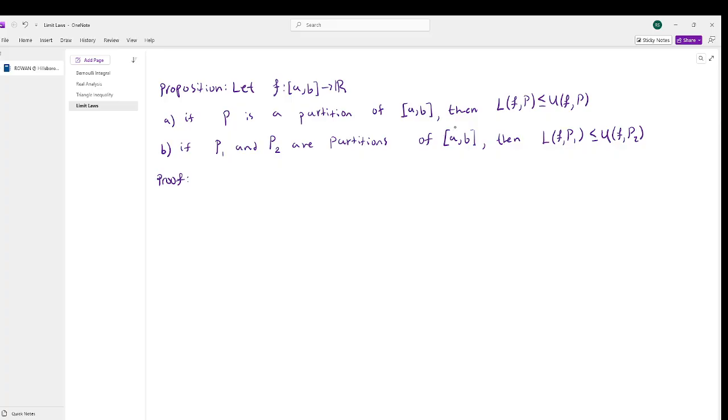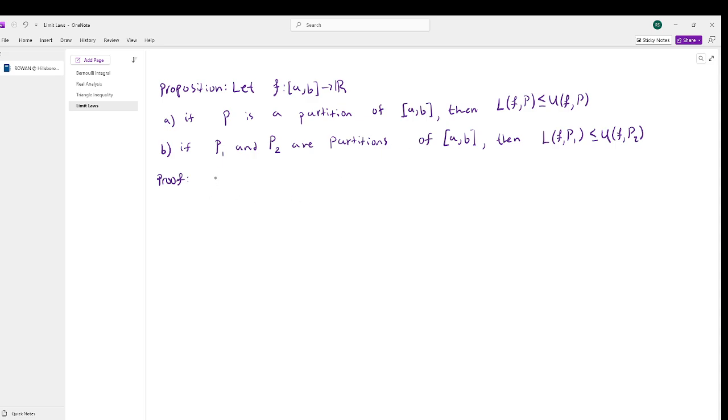So basically this is saying that f is a function from the closed interval [a, b] to the real numbers, and if P is a partition of this interval, then the lower sum of the partition is less than or equal to the upper sum of the partition for the function.